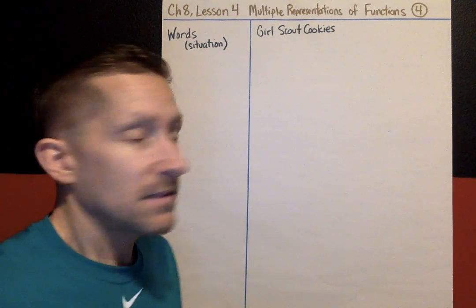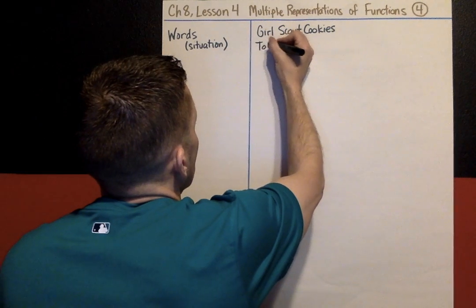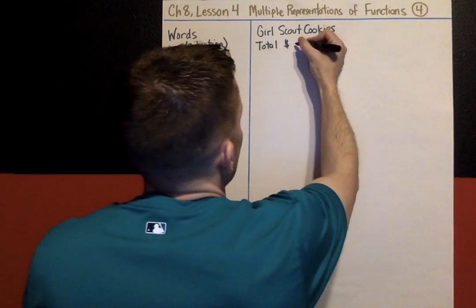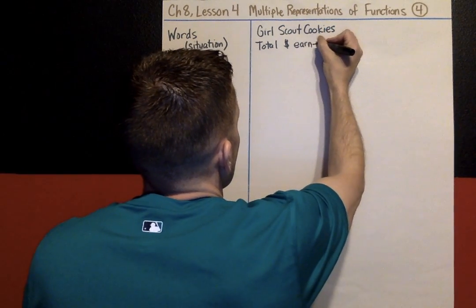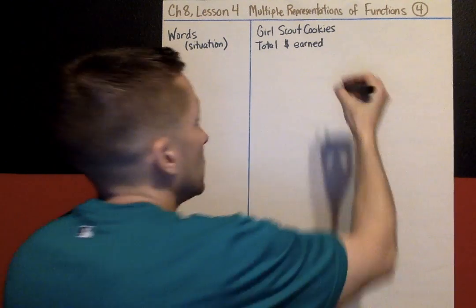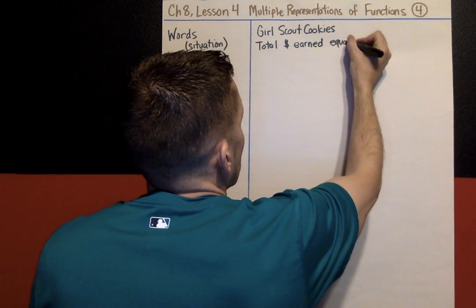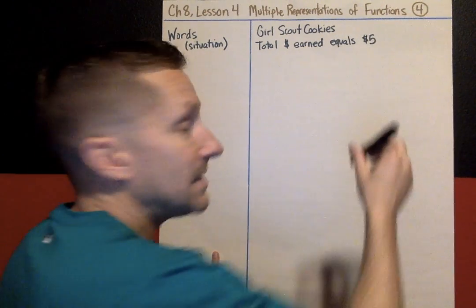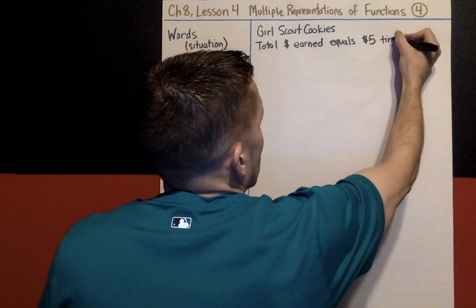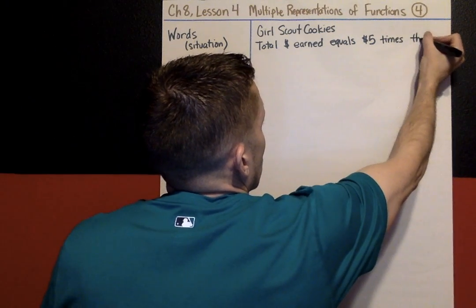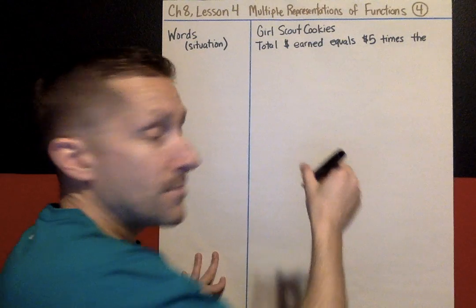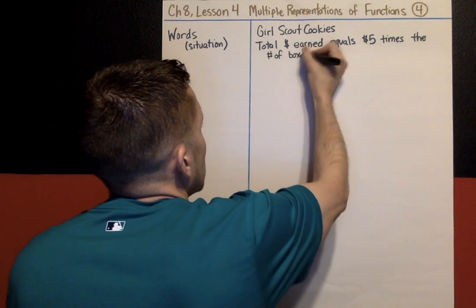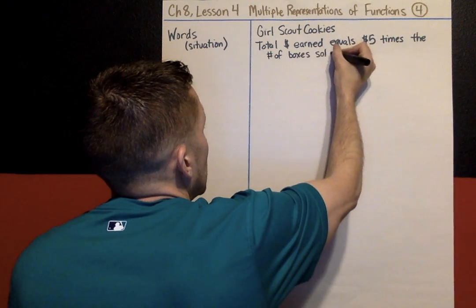They're $5 a box, so the total money that you earn, total money earned equals $5 times the number of boxes sold.